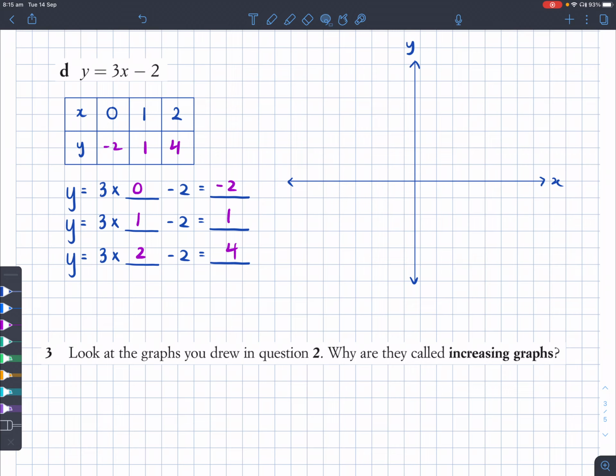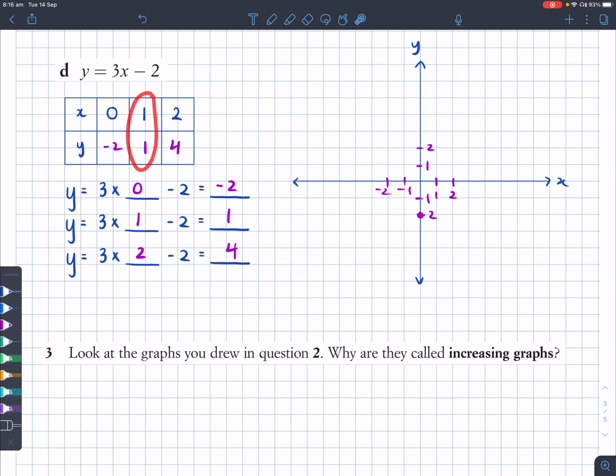And again, we start plotting our values. Okay, so the first coordinate is 0, negative 2. So 0 on the x-axis, but negative 2 on the y-axis.